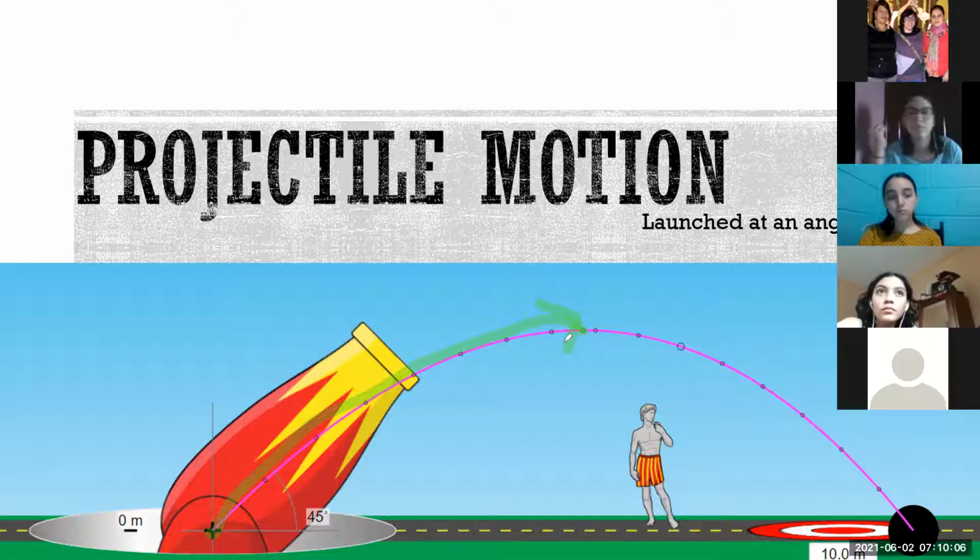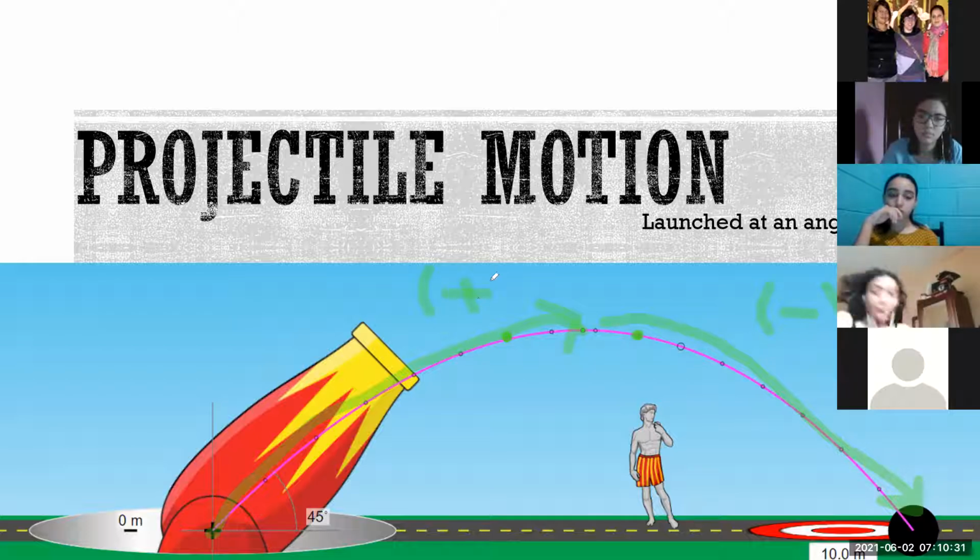And from that moment, from the highest point, it begins to come down, okay? So if you measure the velocity at this point right here and the velocity at the same point on the way down, they're going to be exactly the same. The only difference is that here the velocity is going to be negative because it's going down, and here the velocity will be positive because it's going up.